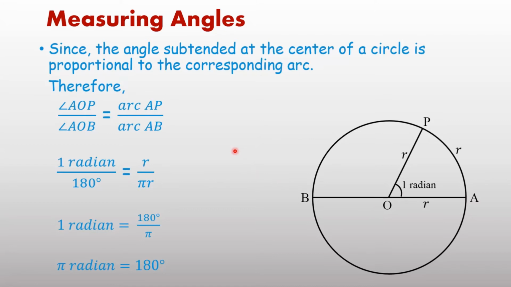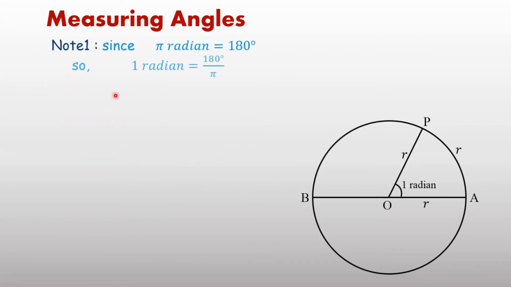Now some important results you have to write. First, since pi radian equal to 180 degree, it implies 1 radian we can write as 180 upon pi. One more thing to remember here: 180 degree means 180 times of 1 degree, and 90 degree means 90 times of 1 degree.